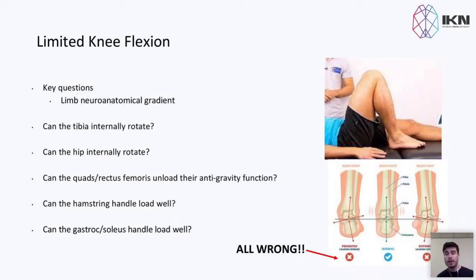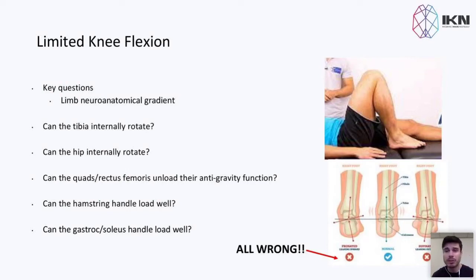So many times what we see with practitioners is that, let's say you have limitations in the knee, for example, and you might do some mobilizations at the tibia, and you may be able to improve some knee flexion by getting some better tibial internal rotation.